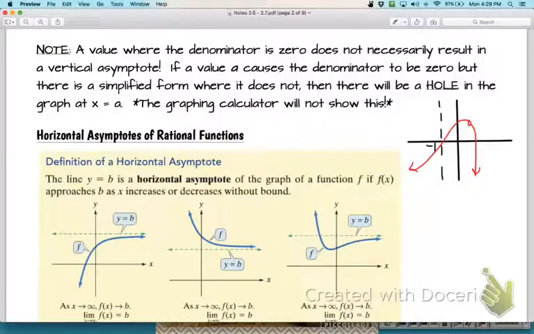But this hole right here would happen at positive 1. We literally have a little open circle in the middle of our graph. That comes from the factors that cancel out. I don't get an asymptote, but it's just that one value for y that doesn't ever happen. Okay? So that is how we determine the vertical asymptotes.